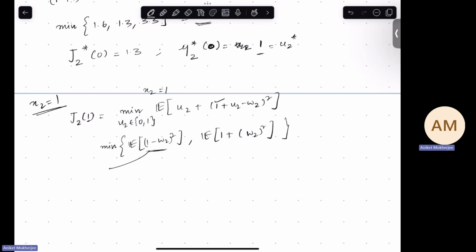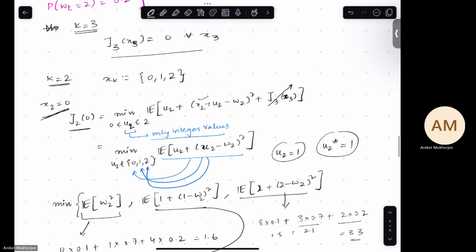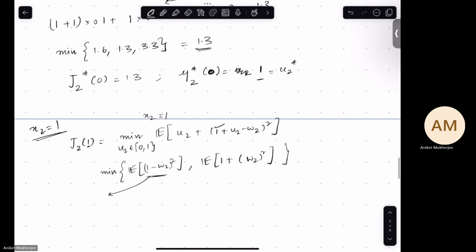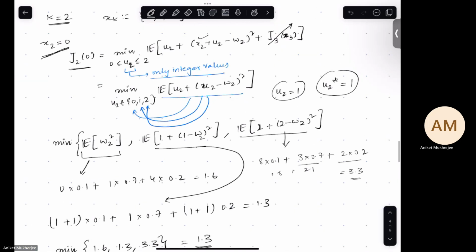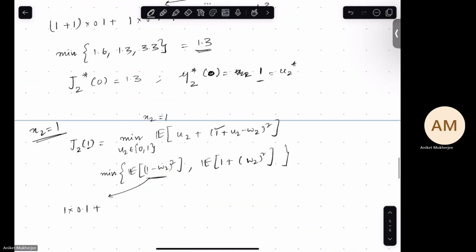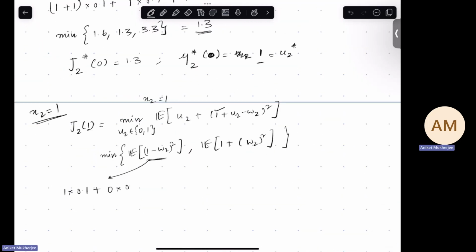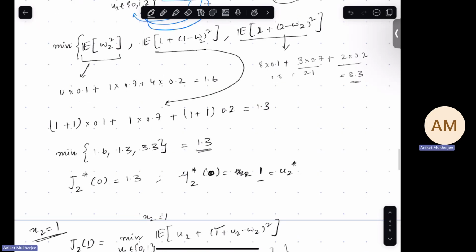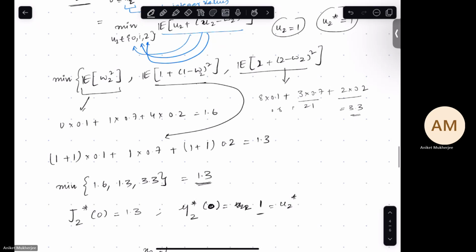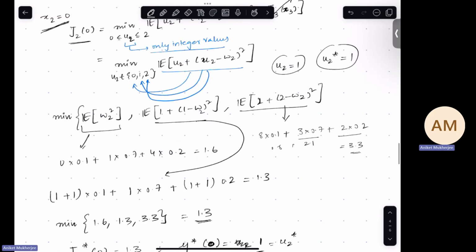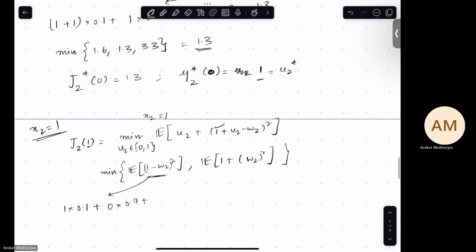So this first one would be 1 into 0.1 plus 0 into 0.7 plus (1 minus 2), 1, 1 into 0.2, which is basically 0.3.